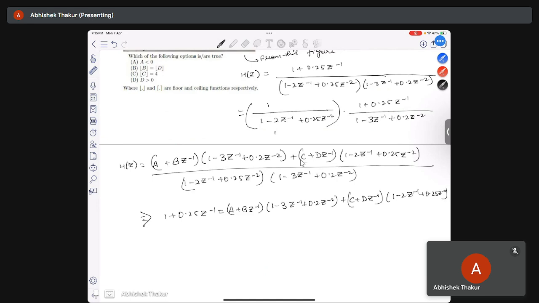Okay. So when you write like this, now we'll separate out all the coefficients. A plus C is the coefficient for z to the power of 0.